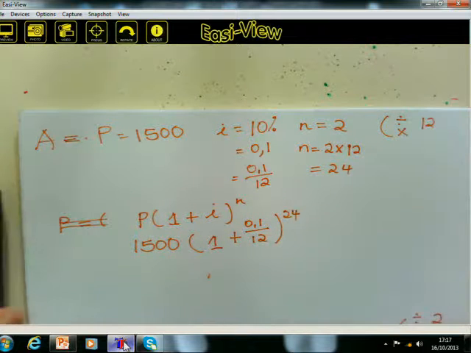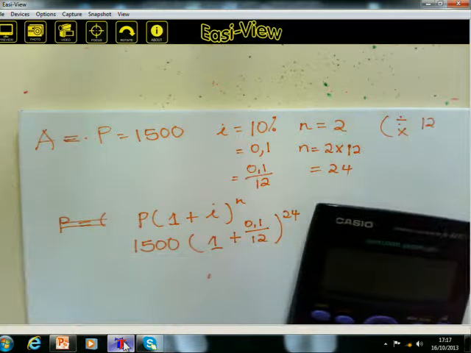So let's calculate that to see how much we're getting. 1,500 bracket 1 plus fraction 0.1 divided by 12, close your bracket, to the power of 24.